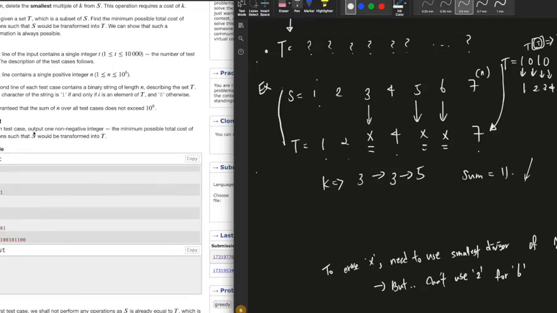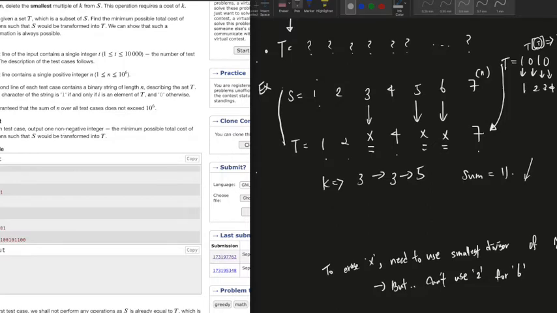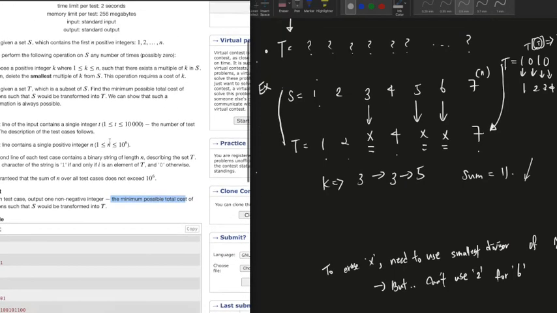And we need to find the output, one non-negative integer: the minimum possible total cost of operations such that S would be transformed into T. The operation is defined like this: choose a positive integer k, where k is between 1 and n, such that there exists a multiple of k in S. Then delete the smallest multiple of k from S. This operation requires a cost of k.